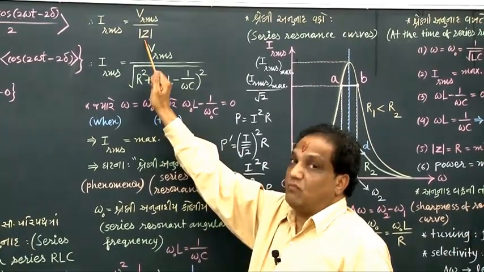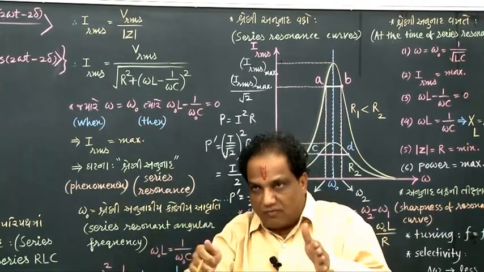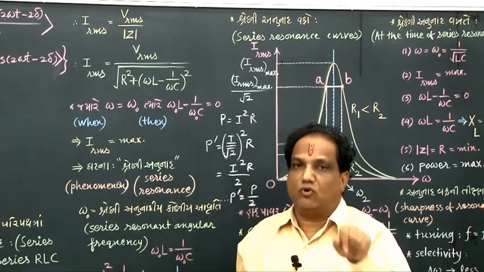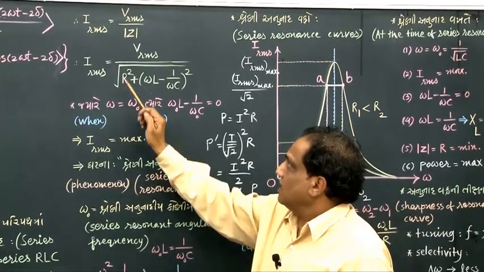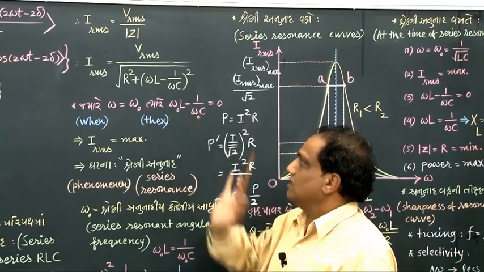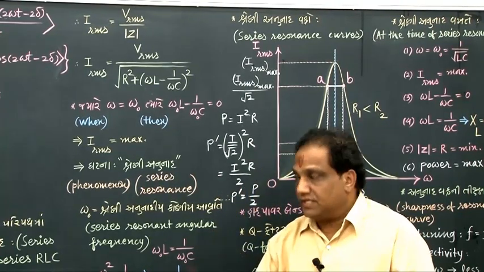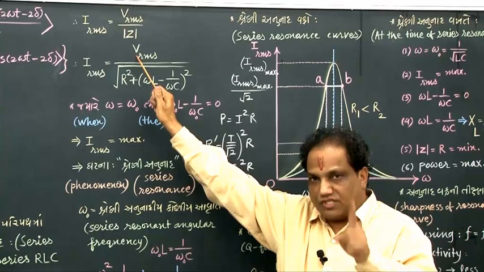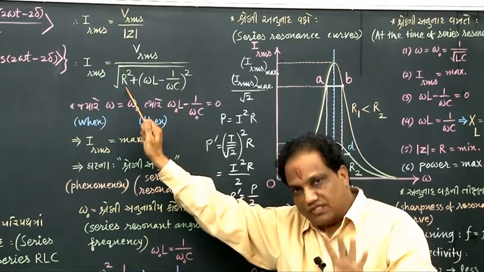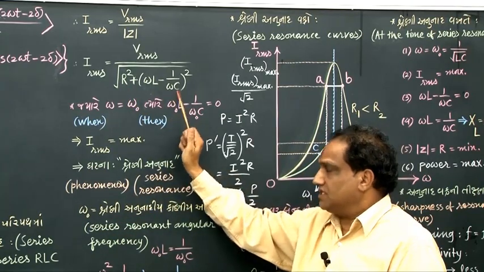What about the formula for mod Z? In the initial part of the lecture, we obtained the mod Z formula: under root of R square plus omega L minus 1 upon omega C, whole square. Now tell me, under given circumstances Vrms is constant, and suppose we keep resistance also constant, and L and C are also constants.